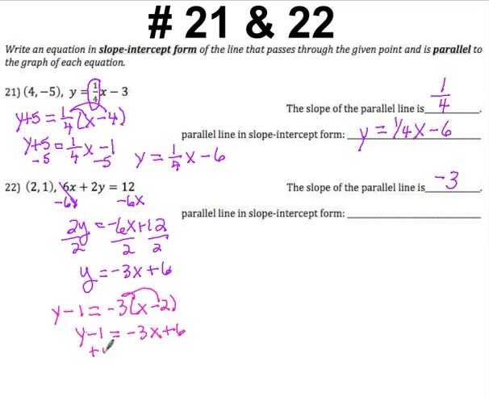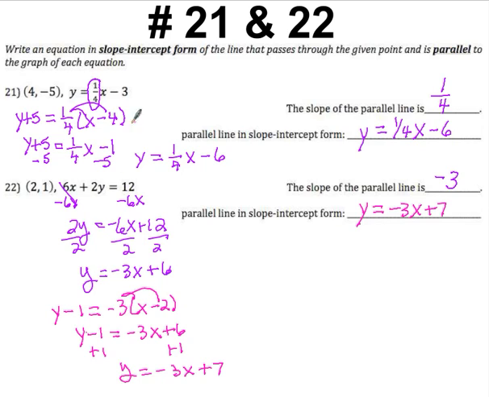Then we're going to add 1, and I get y equals negative 3x plus 7. And if I look at my original, this was negative 3x plus 6, different y-intercept, same slope. That lets me know that they are indeed parallel. So I get y equals negative 3x plus 7.